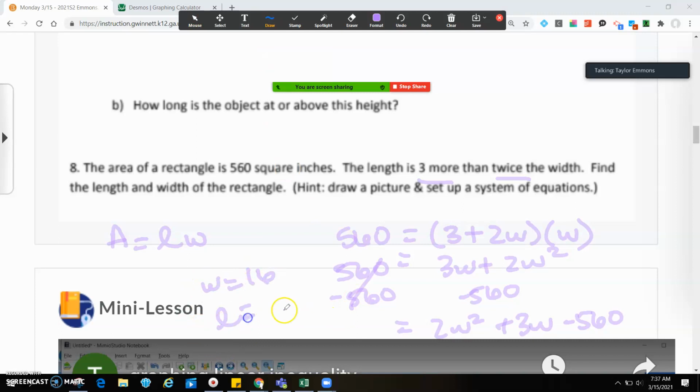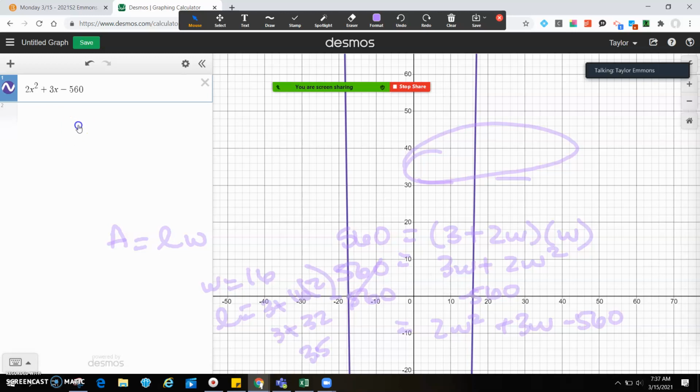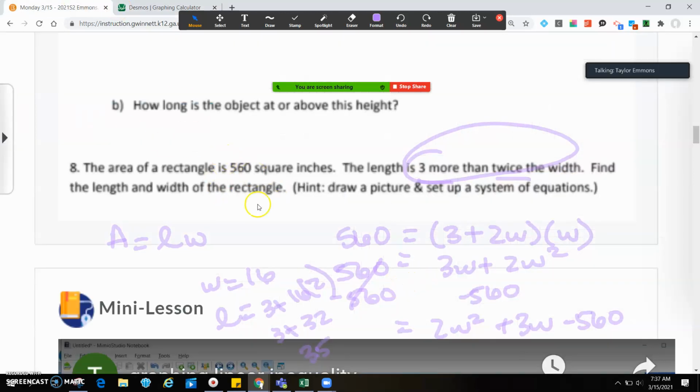And then in order to figure out what our length is, remember it's 3 more than twice the width. So 3 plus 16 times 2. So 3 plus 32, which is going to give us 35. And if we want to check this, then we take 16 times 35. And that gives us 560, which is our area. We did it correctly.